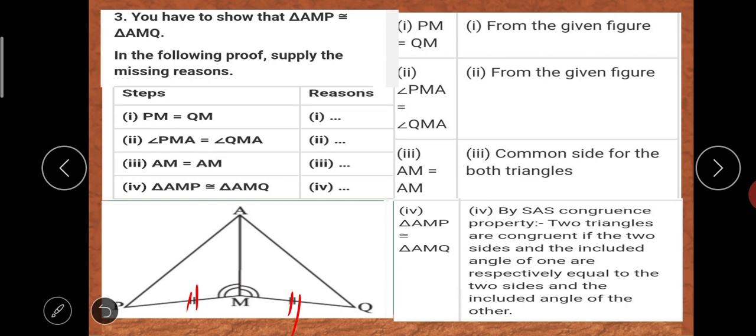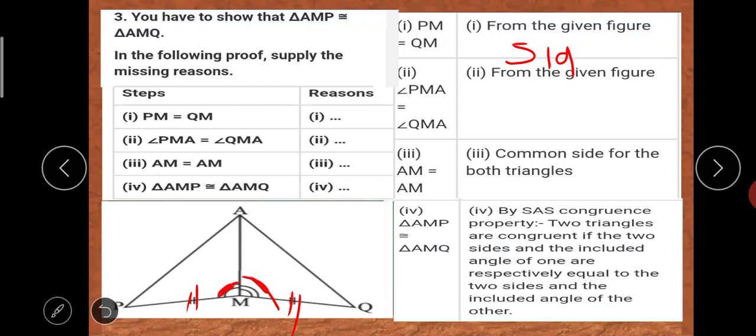Then, angle PMA is equal to angle QMA. So here PMA means this one is equal to QMA means here. So here it is already given that they are congruent. So here this is a side.